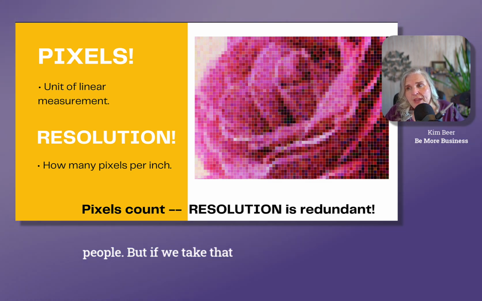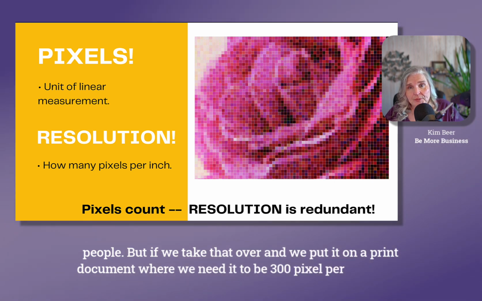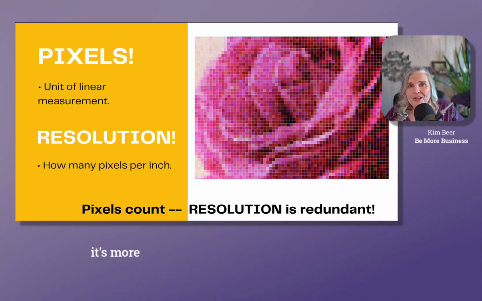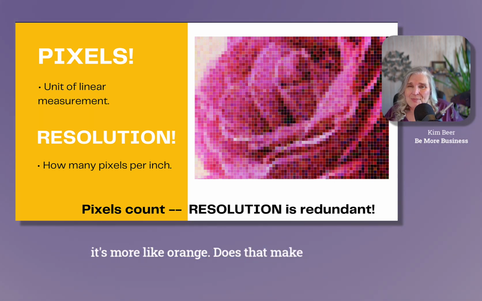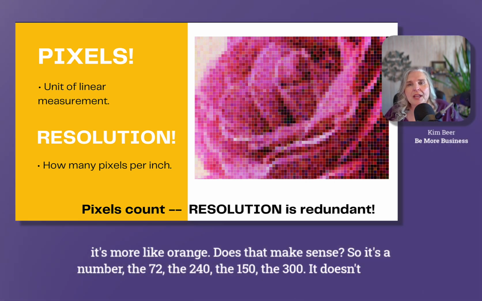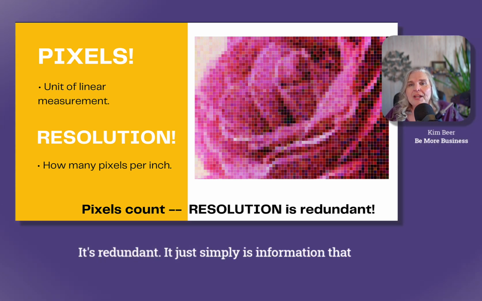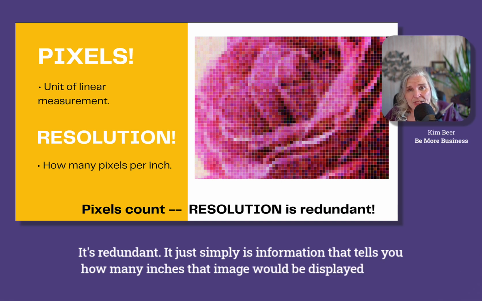But if we take that over and put it on a print document where we need it to be 300 pixels per inch, now it's more like 4 inches. Does that make sense? So the number, the 72, the 240, the 150, the 300, it doesn't matter. It's redundant. It just simply is information that tells you how many inches that image would be displayed at.